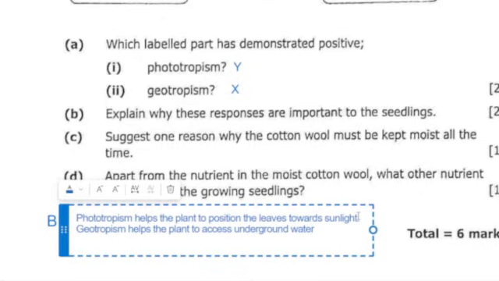Through the roots, geotropism is going to help the plant access underground water, and we know that plants survive from underground water, or the water that is in the soil.